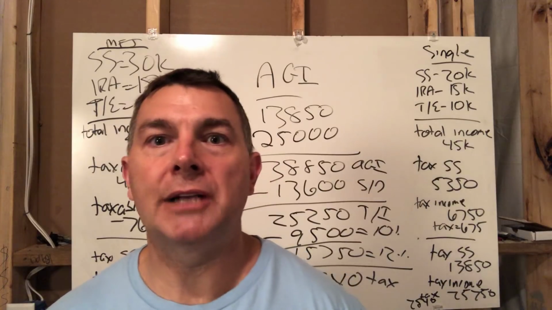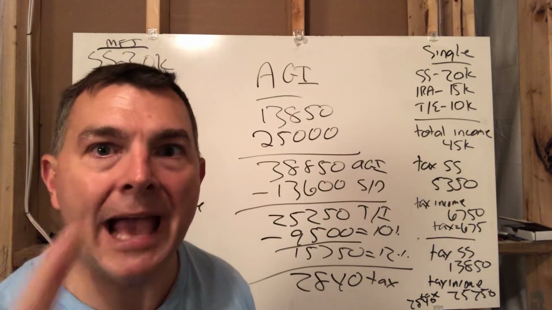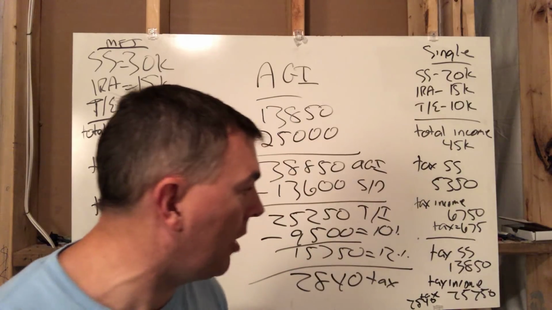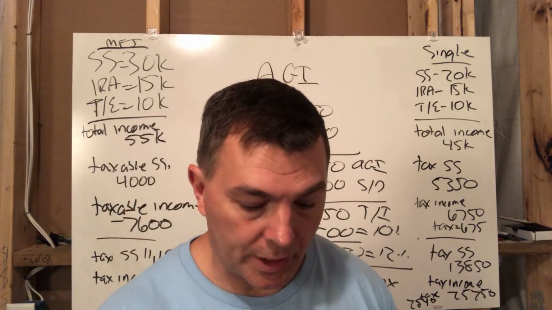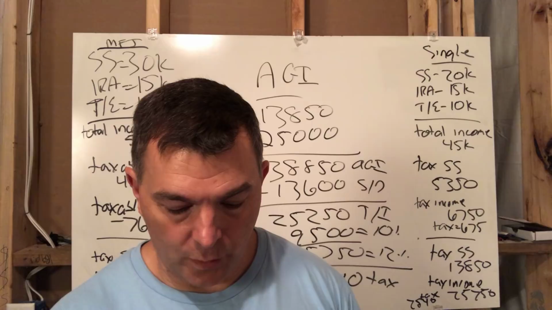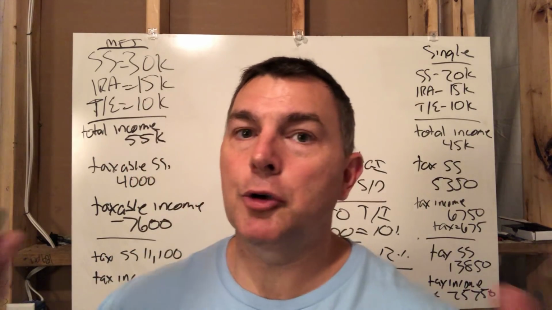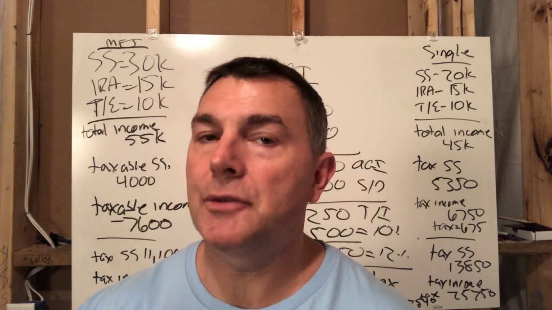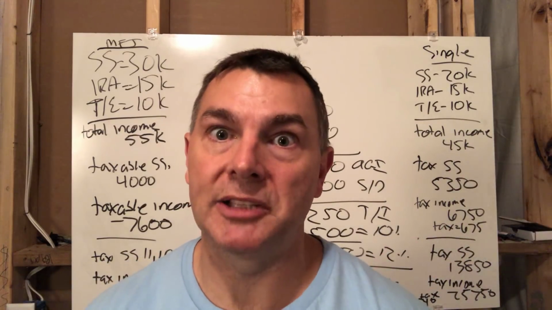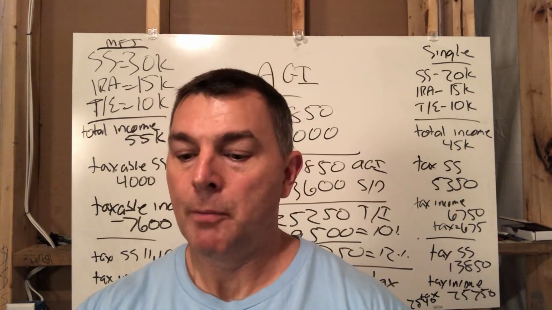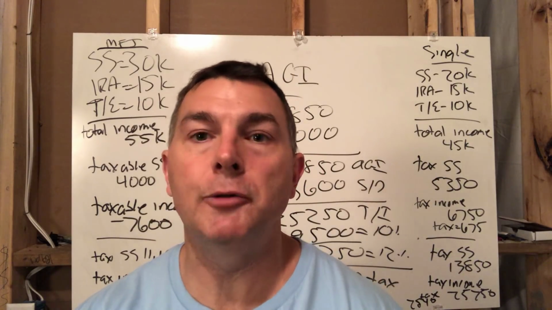How many financial advisors, how many accountants are telling you about this? That, my friends, is a fact. And now our taxes went up from $675 to $2,840. So we took $10,000 out of our IRA, but our taxes went up by about $2,100.